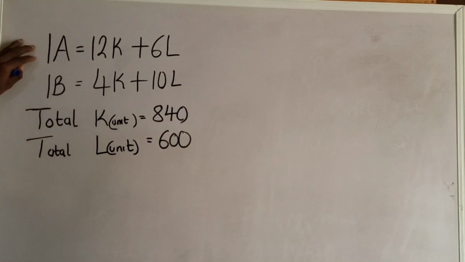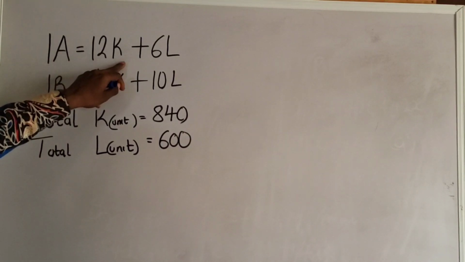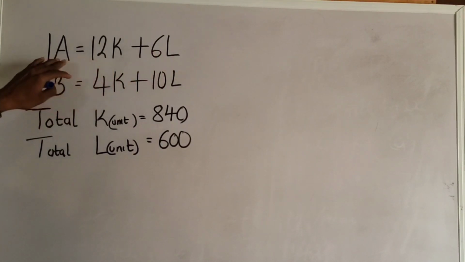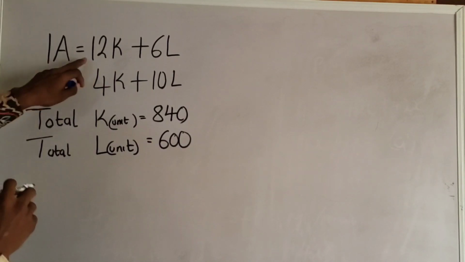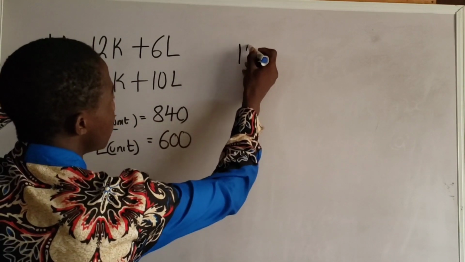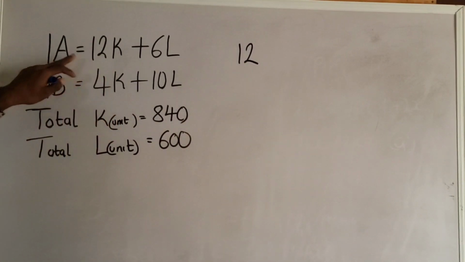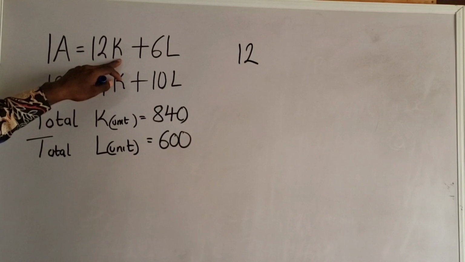Now let's come back to the first statement here. 1 unit of A requires 12 units of K and 6 units of L. The amount of units of K that is required to produce product A is 12.